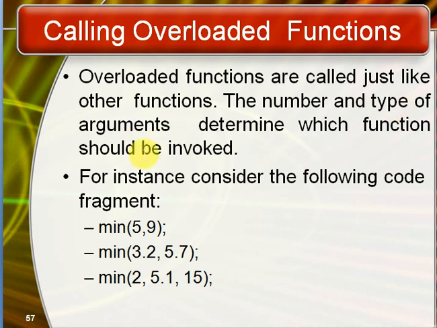For instance, consider the following code fragment: main 5, 9, both are integer values; then main 3.2, 5.7, both are float values; main 2, 5.1, 15. Here the number of arguments is 2, both of integer type. Here the number of arguments is also 2 but both are of float type. Here the number of arguments is 3.